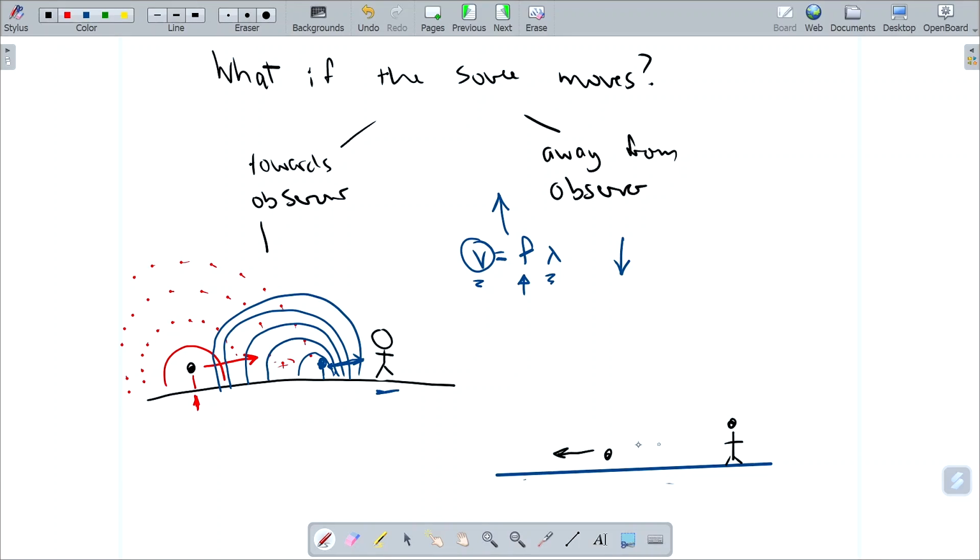What will happen is that it will seem as if the waves are stretching out towards the observer. The wavelength will seem to increase as you go towards the observer. And because of this, it will be matched by a decrease in the frequency, and therefore as the object moves away, you will have a decrease in the frequency. The pitch of the sound will lower as the object moves away.